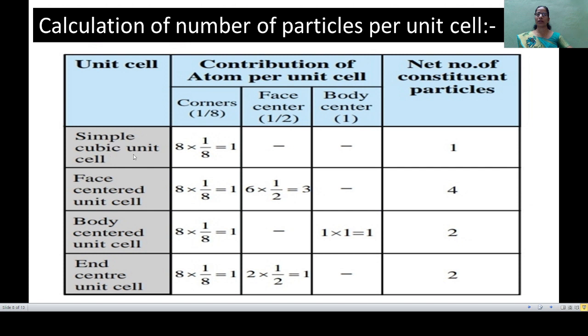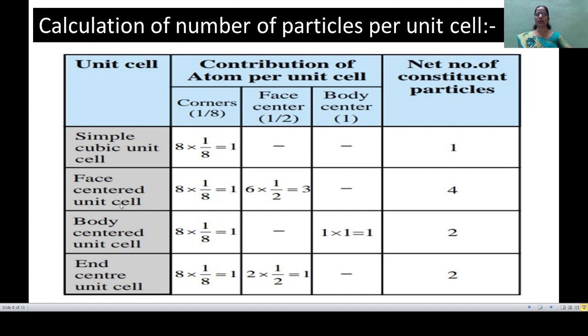In simple cubic unit cell, the number of corner atoms is 8. Their contribution is 1 upon 8. Therefore, 8 multiplied by 1 upon 8 is equal to 1. There is no particle at the face center or body center in a simple cubic unit cell, and hence the total number of particles per unit cell is 1.